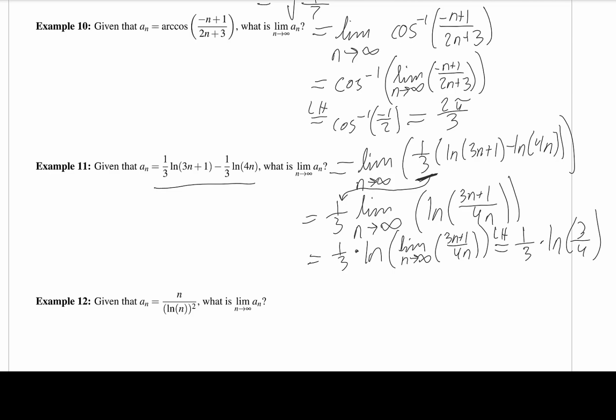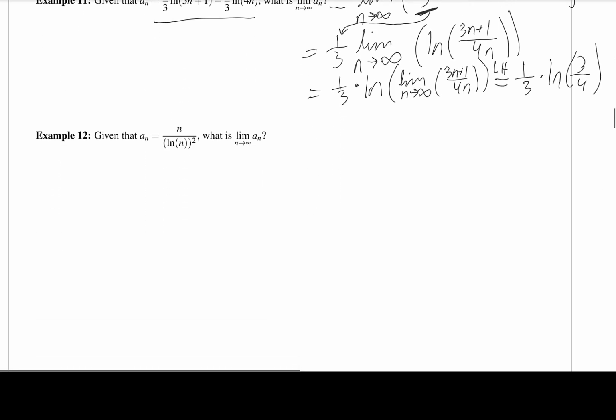Now for example 12. So here we have the limit as n goes to infinity of n divided by ln of n squared.